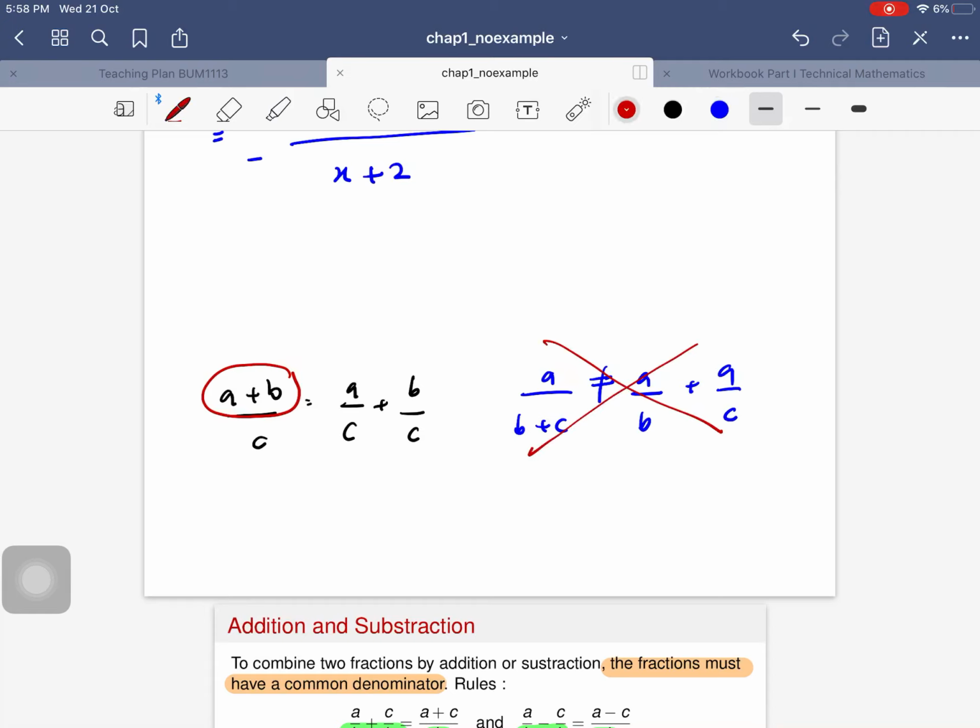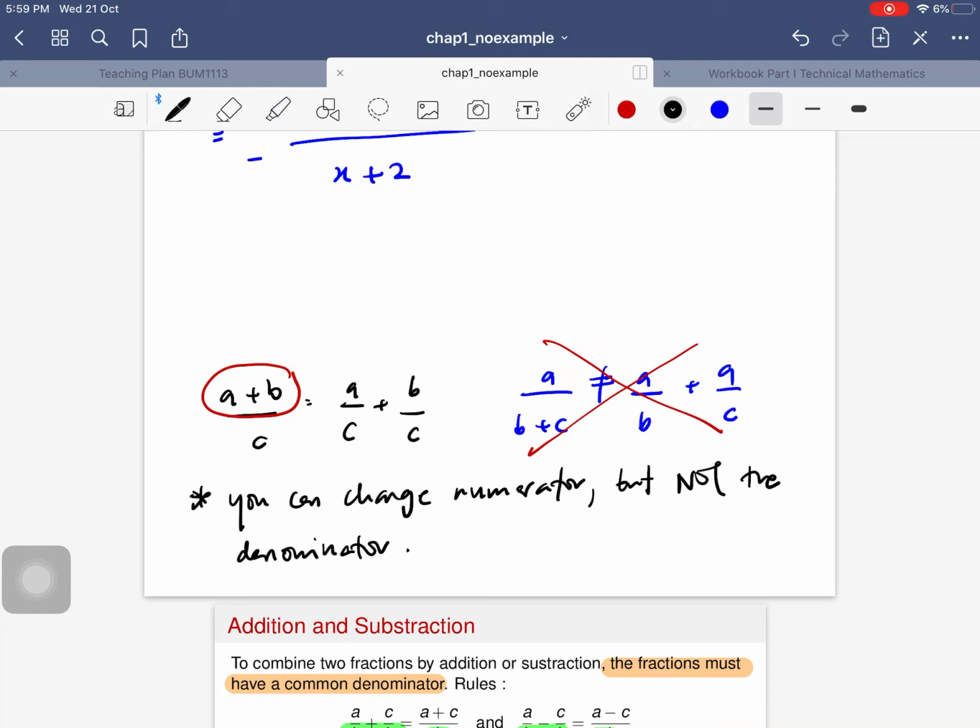So the rule is that you can change the numerator, but you cannot do anything with the denominator. You cannot simply separate them.